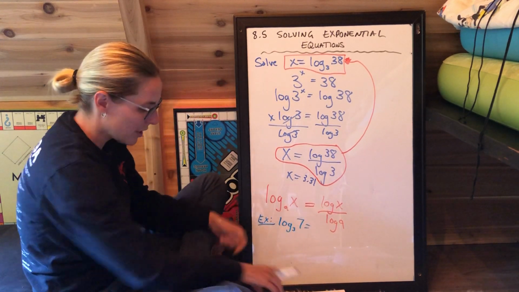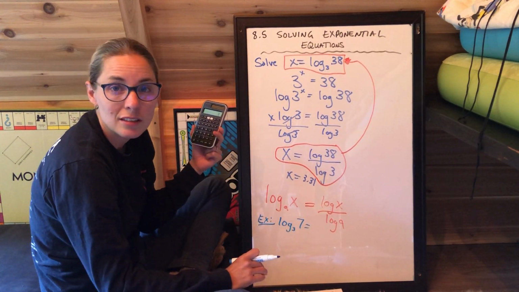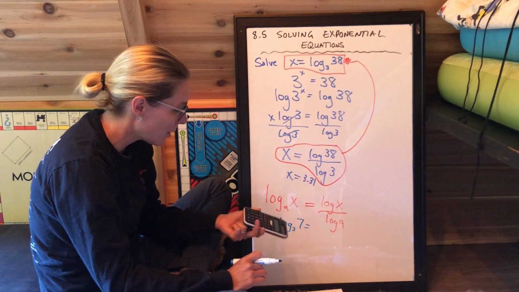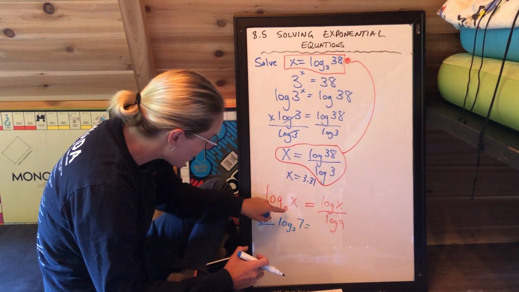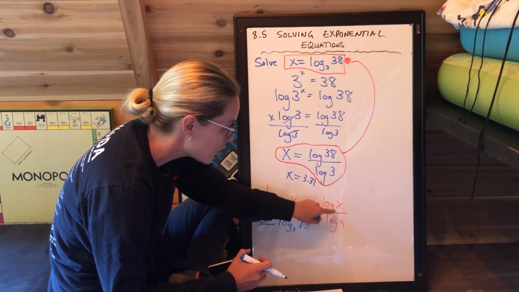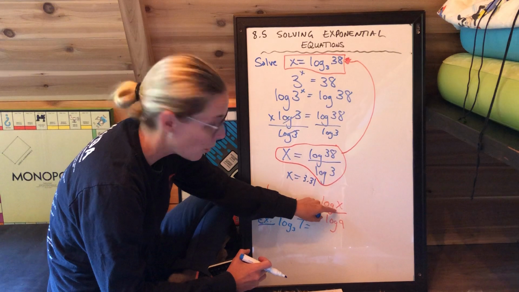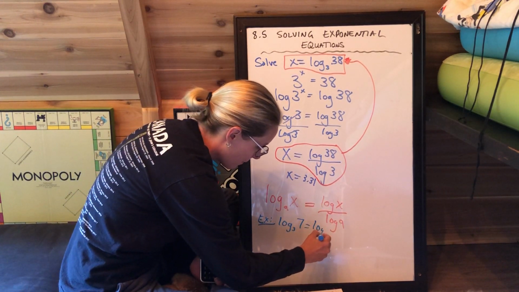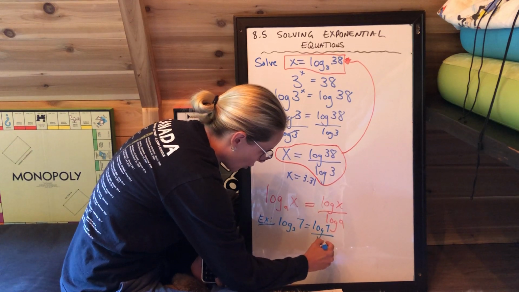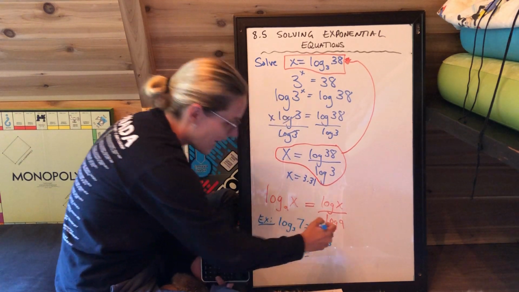Okay, if we go to solve this, obviously our calculator can't do this because it's not in base 10. But we can take whatever base it's in and turn it into the ratio of 2 things that are in the common log. These are both base 10 now, right? So I can say this is the same as log 7 over log 3, which I can do on my calculator.